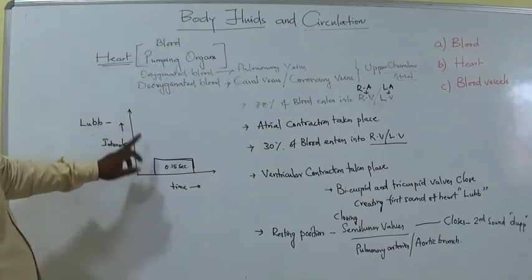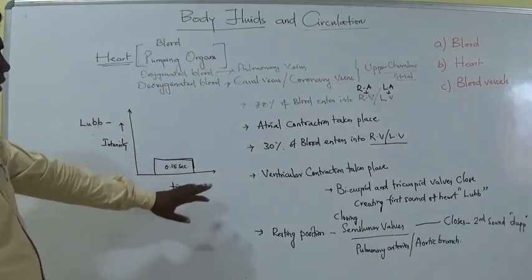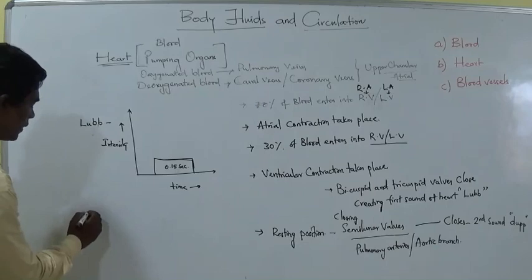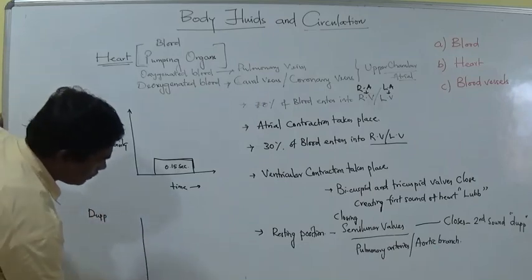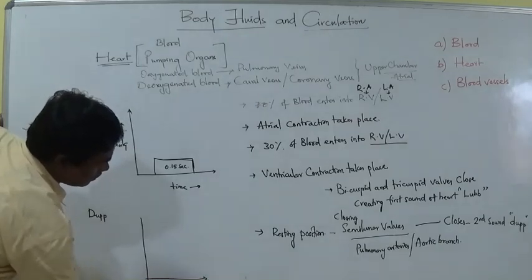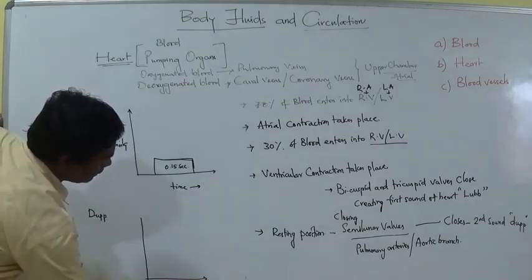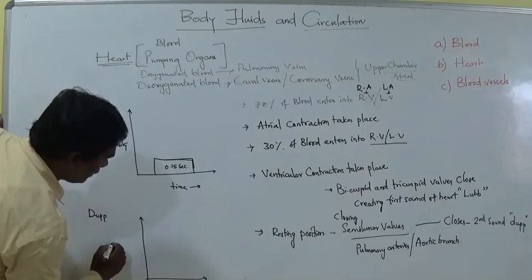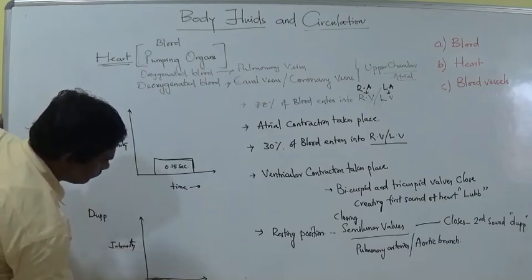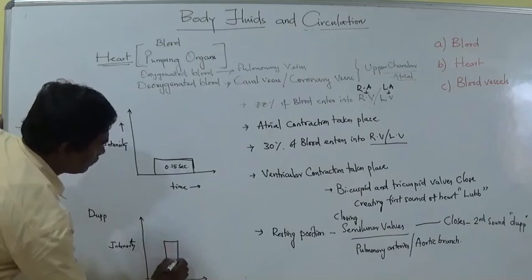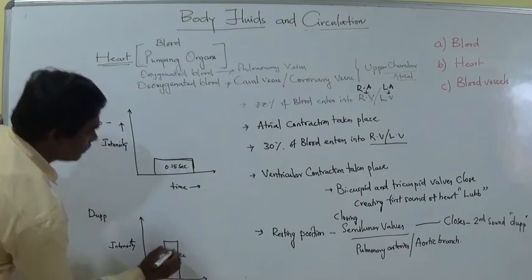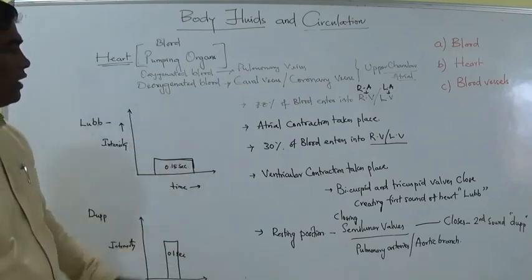Whereas in the case of dub, the time taken is very less, but the intensity is more, around 0.1 second. So that's the difference between the lub sound and dub sound.